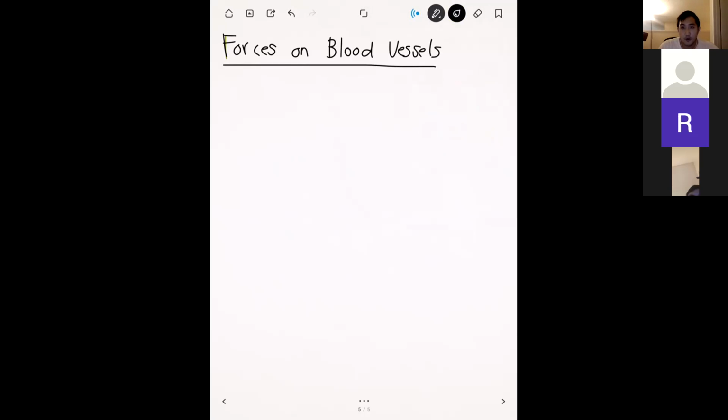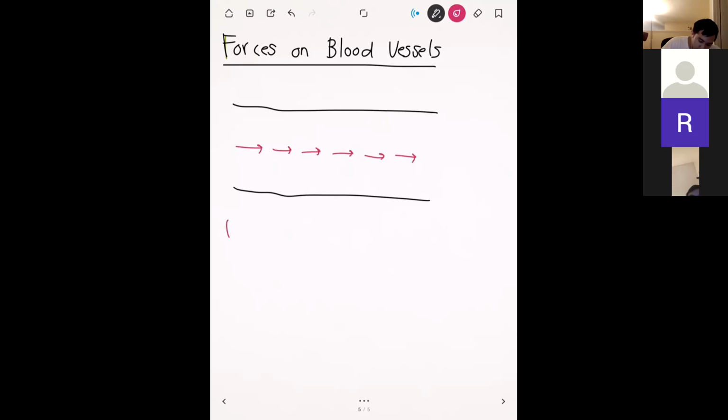And so as blood flows through your blood vessels, they're going to exert some forces on your vessel walls, right? So let me draw a blood vessel here, okay? And then we have blood flow that's coming throughout here, okay? And so as this blood flows through, it will exert forces on the wall.